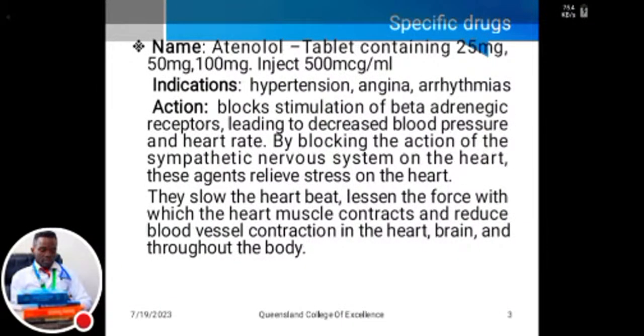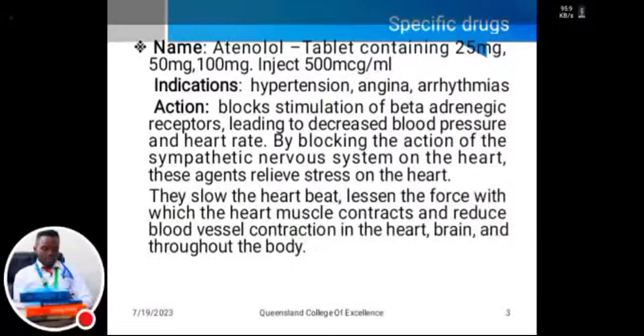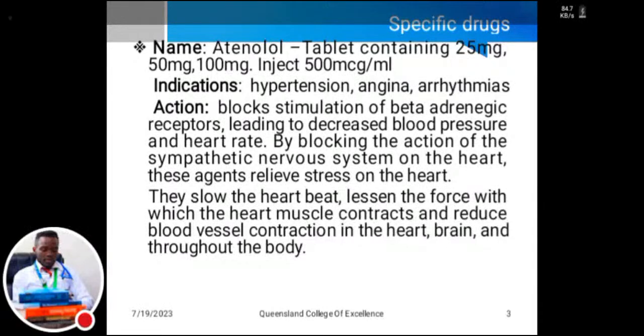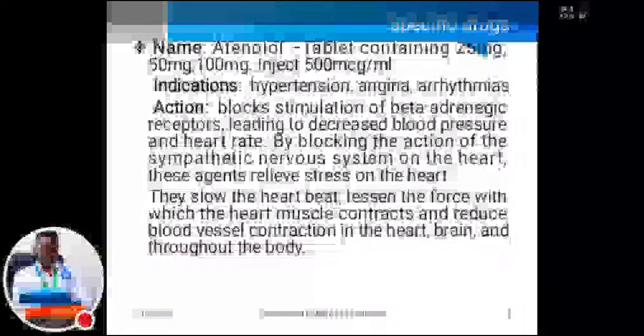Besides that, they slow the heartbeat, lessen the force with which the heart muscles contract, and reduce blood vessel contraction in the heart, the brain, and throughout the body. That's what this drug does. So we must know the action of these beta blockers. All of them have the same action, same WhatsApp group. So know this one, meaning you've known all these beta blockers.